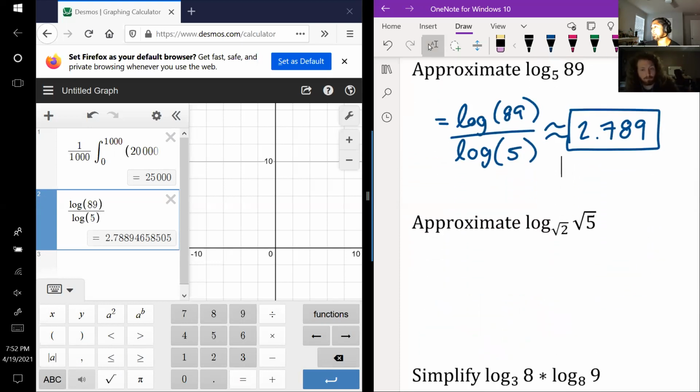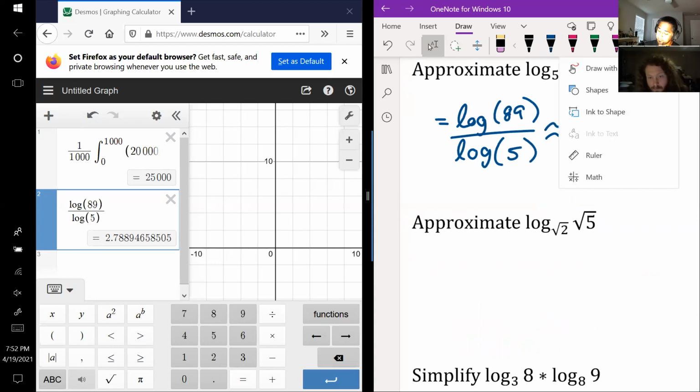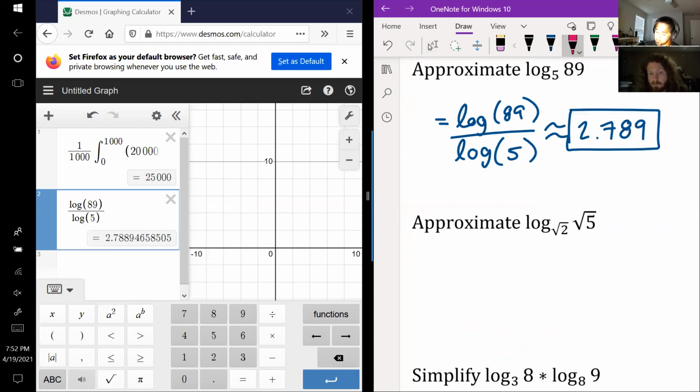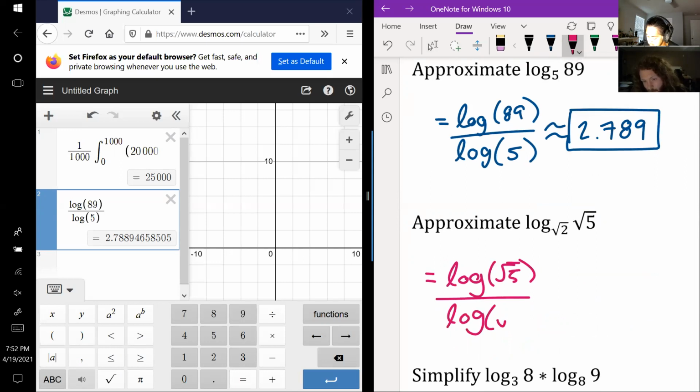Okay. Next, do the same exact thing. Log base square root of 2 of the square root of 5. Rewrite it. You get log of the square root of 5 over the log of square root of 2.